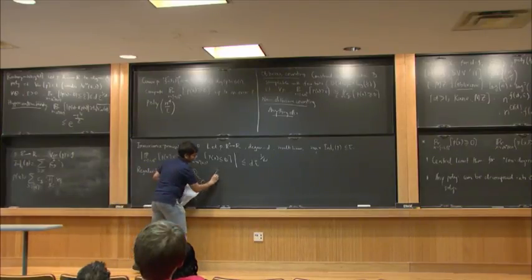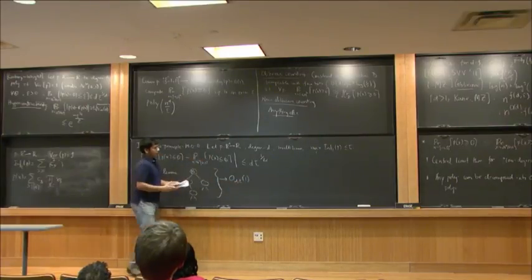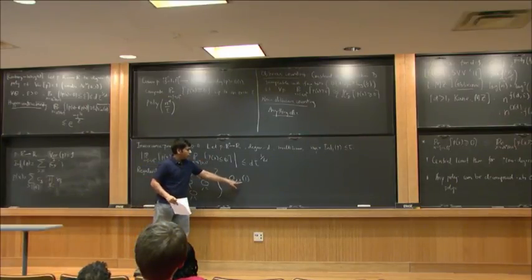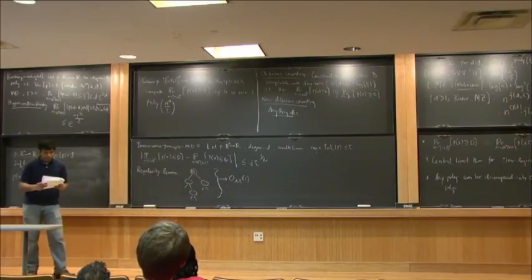The important parts are that you will choose some error parameter epsilon, and the depth of the tree will be some constant in d and epsilon.